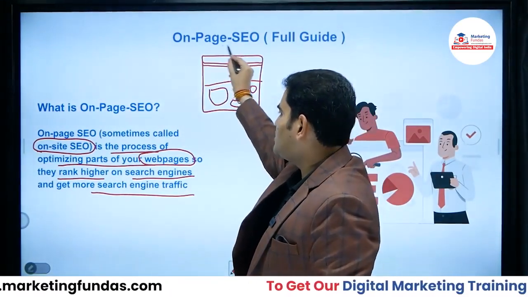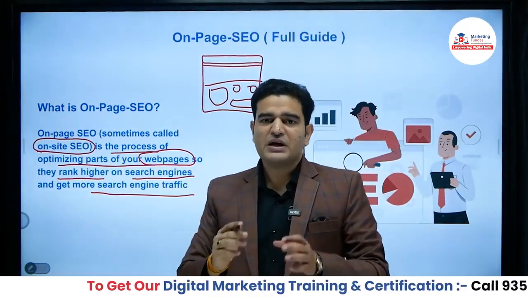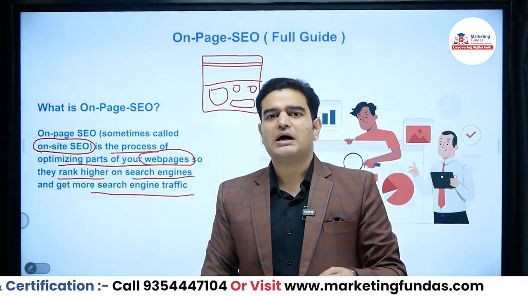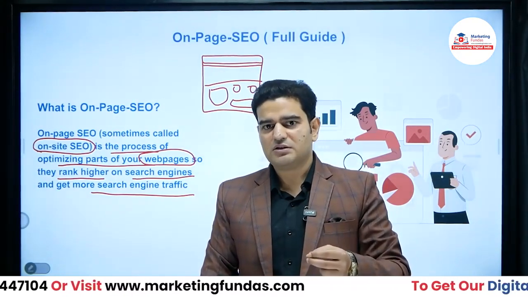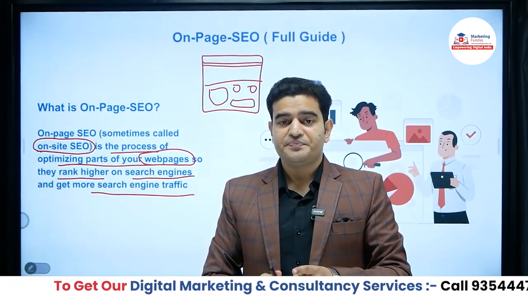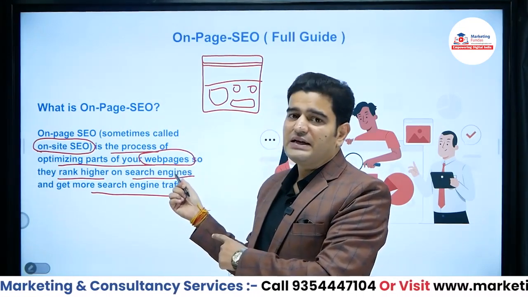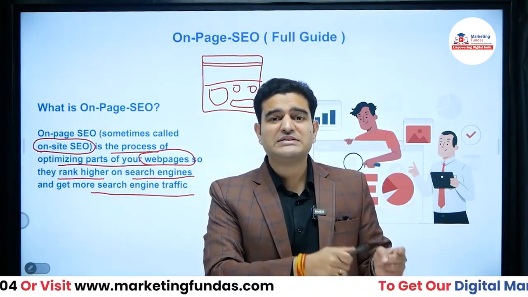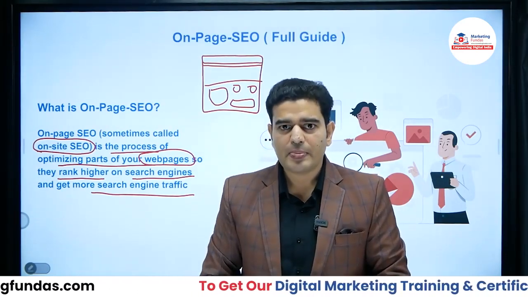Similarly, when there are several web pages in a single website, each and every one of the web pages, every single piece or its different parts which are important according to the algorithm of search engines, if it's not done properly, then how can we expect to get good rankings just by having good backlinks and off-page SEO?